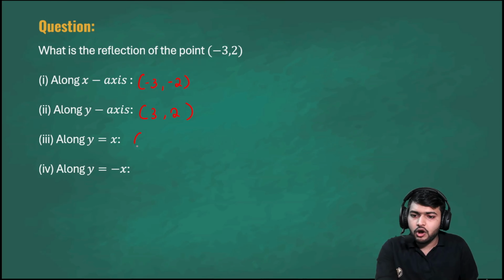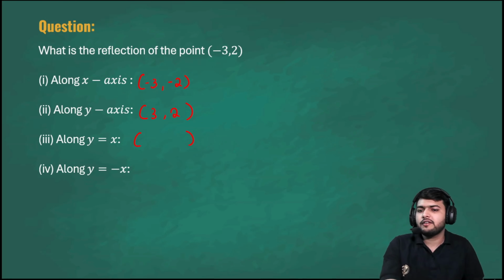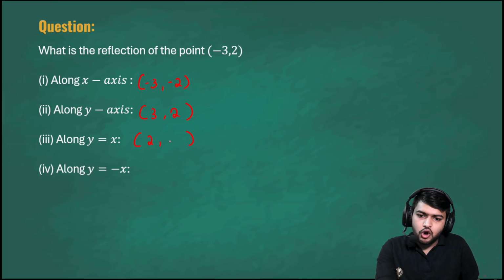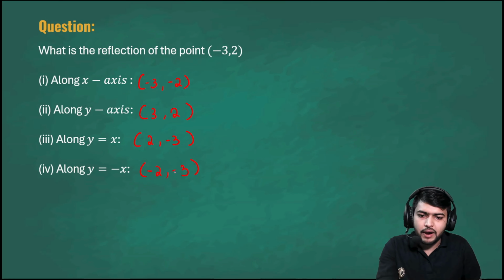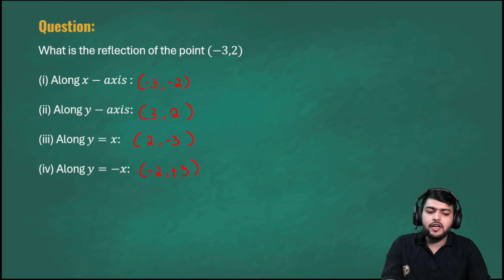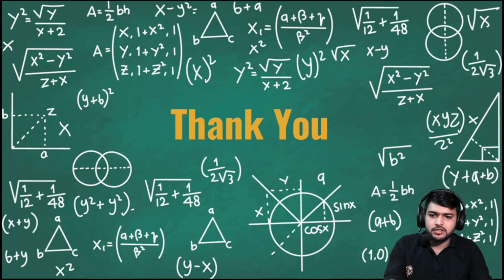If you are reflecting along y is equal to x, you interchange x and y. So 2, -3. Along y is equal to -x, you not only interchange x and y, but you also change the signs of both x and y. So -2, +3. And with this, we have come to the conclusion of this video.